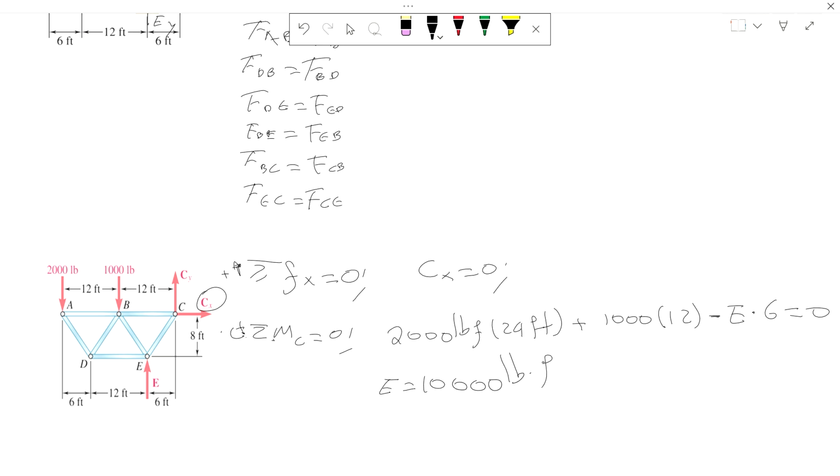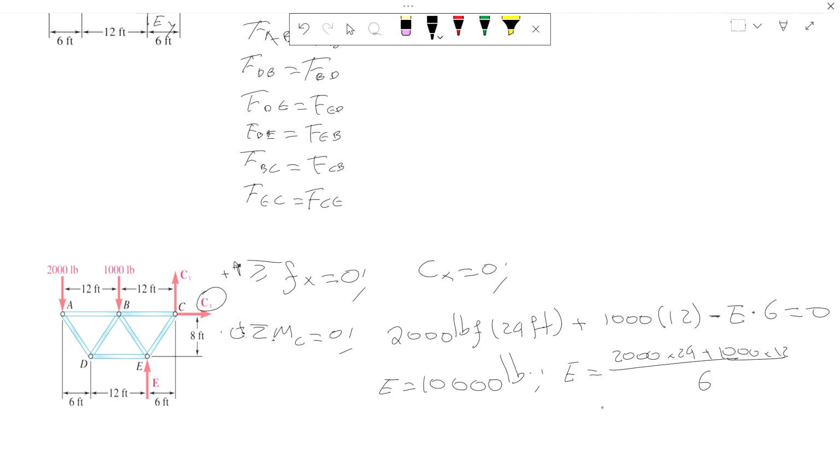Pound force. Yeah, this is force. Why? Because this is basically E equals 2,000 times 24 plus 1,000 times 12 divided by 6.